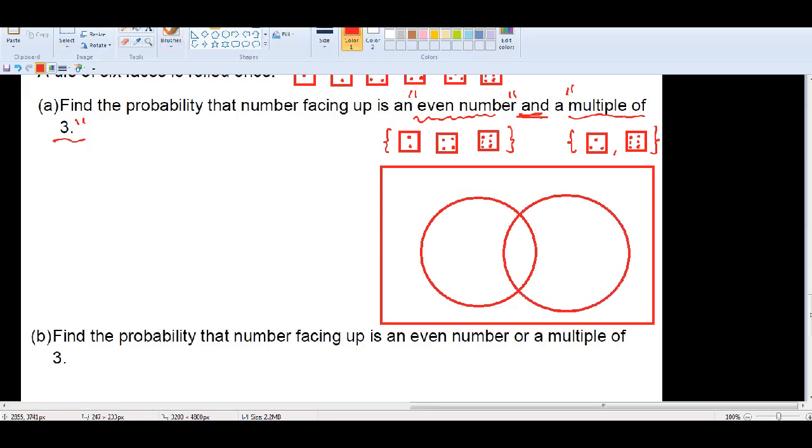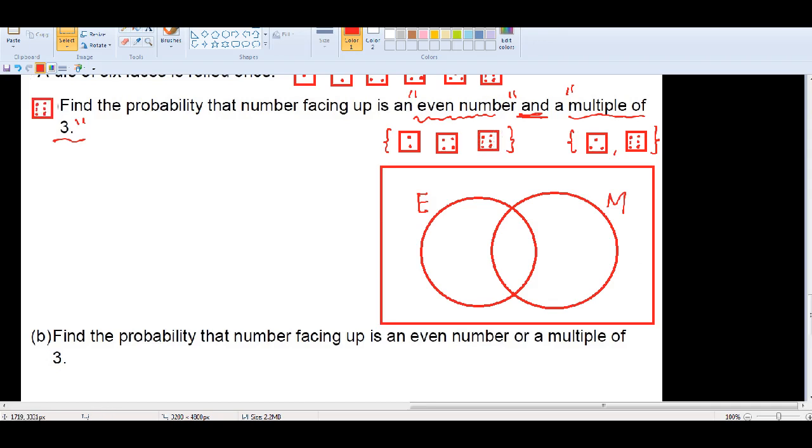Okay, 2 circles. So you need to have an even number, so I use E to refer to even numbers. Multiple of 3, I use M. Okay, so how many cases would be an even number and also a multiple of 3? That's only 1, right? So number 6 will be the case.